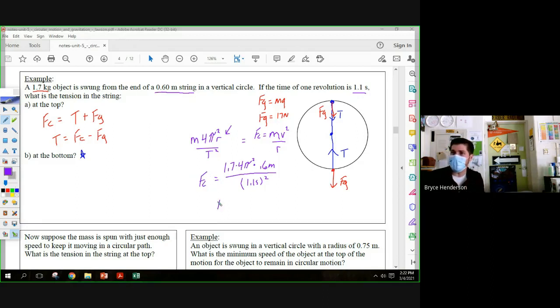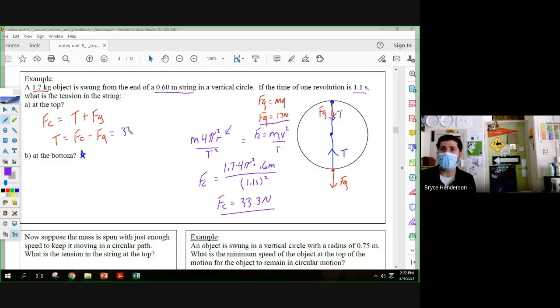So that means that the centripetal force is, you can check the number if you want, should be about 33.3 newtons. Okay, so if we think about this, Fg is 17, Fc is 33.3, we can come back up here and we can solve.